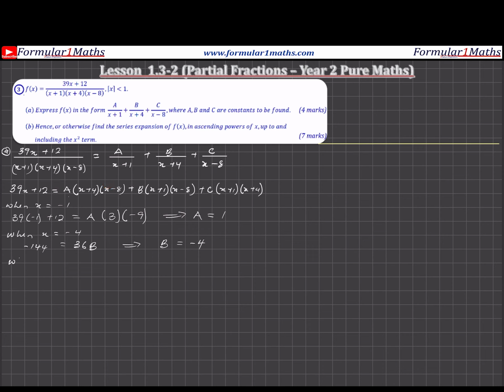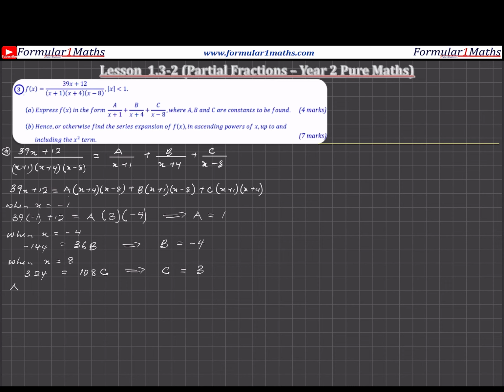And when x is equal to 8, I have on the left hand side 324 equal to 108c on the right hand side, which implies that c is equal to 3.